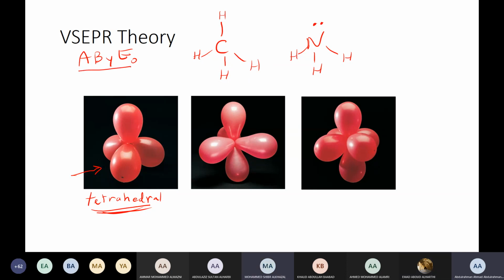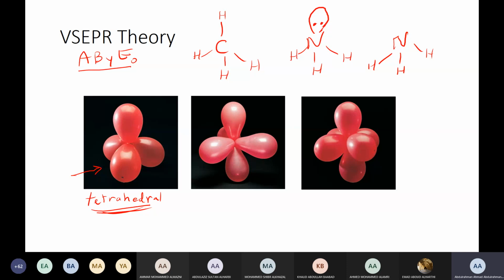If you take the electron domain, you put the electrons there as one thing, so it should be tetrahedral. But since we cannot see the electrons in the molecular shape, we will see the shape like this: N, H, H, H. And what will be the shape?